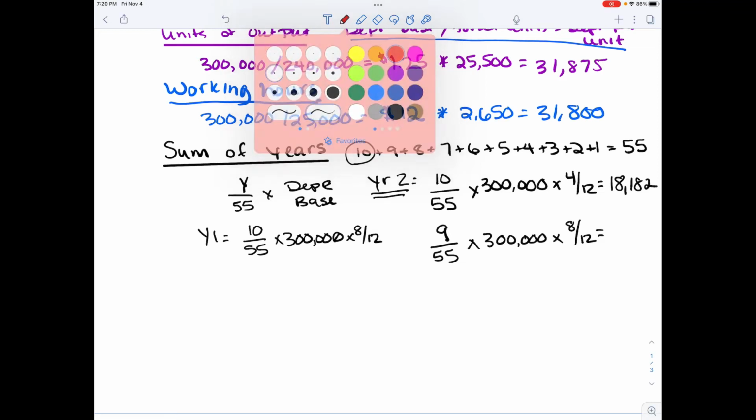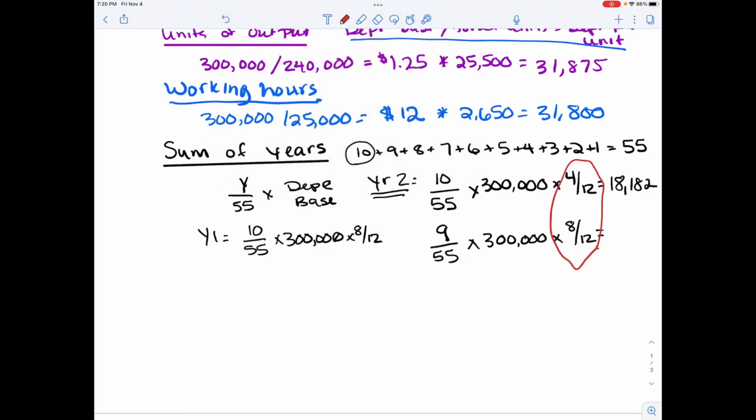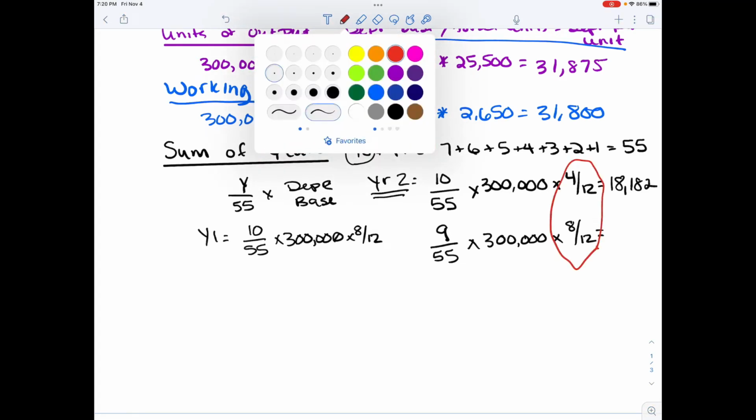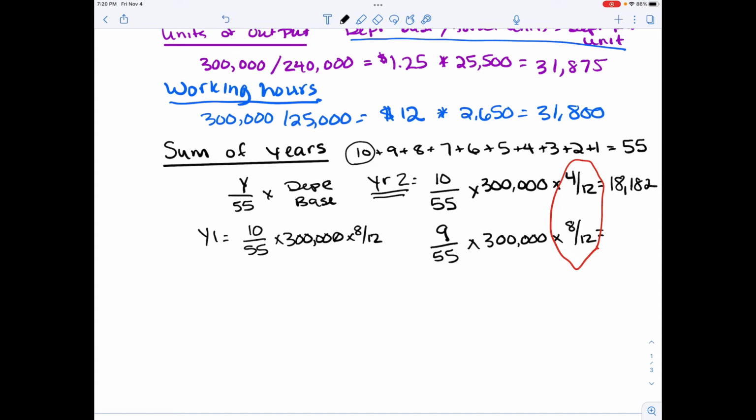So you can see here in year 2, this is a full 12 months. I'm calculating the full 12 months worth, but it's allocated based on a full year of the useful life of that asset. So I'm going to add these up together.